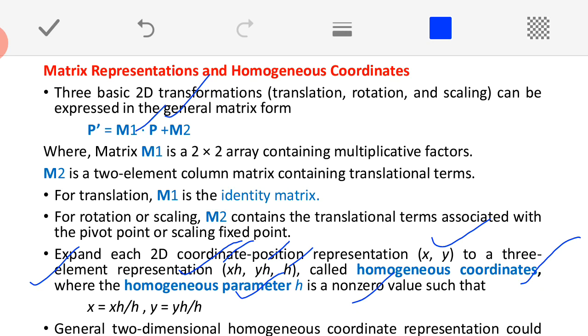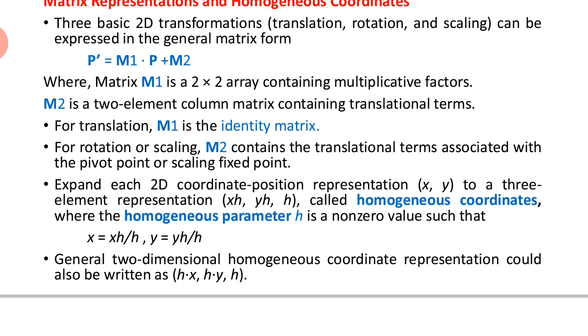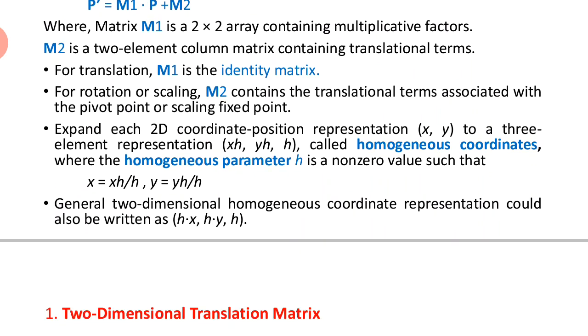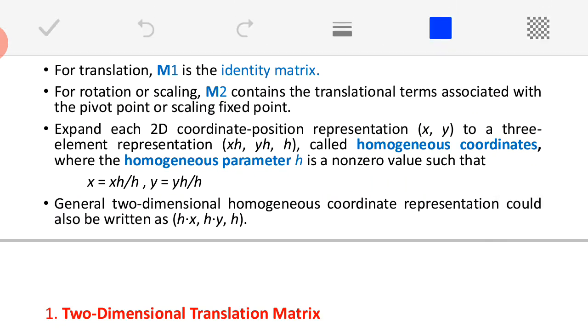So, if that is the case, just have a look at how we are going to write this. Okay. So, here now look at my x. X is equal to xh by h, and y is equal to yh by h. At that time this h factor becomes exactly 1.